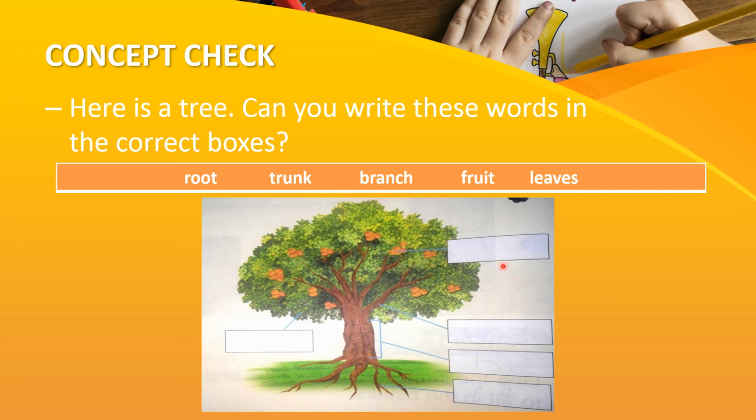The first one is pointing towards this part of the tree. Which part is this? Fruit. This is fruit. F R U I T. The next one is pointing towards this part of the tree.